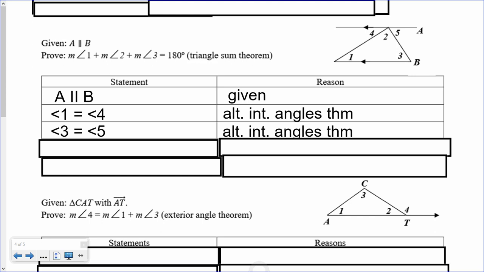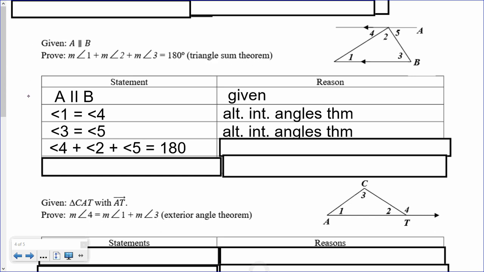What do you notice about the proof? 1, 2, and 3 are equal, we don't have anything about 180 yet. Maybe we'll have to bring that in. Say again? 4, 2, 5? Yeah? Angle 4, angle 2, and angle 5 add to 180.